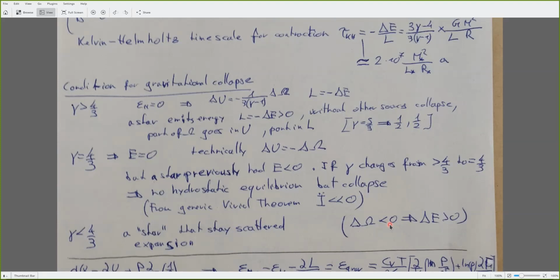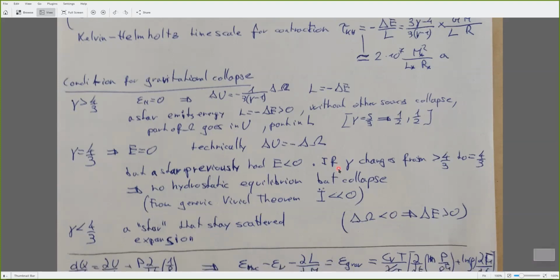So it starts to be unbound and unbound, collapsing. That doesn't make sense. It's just gas that cannot collapse or contract, and stays scattered away all the time.